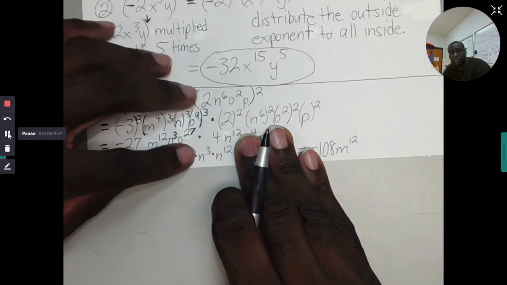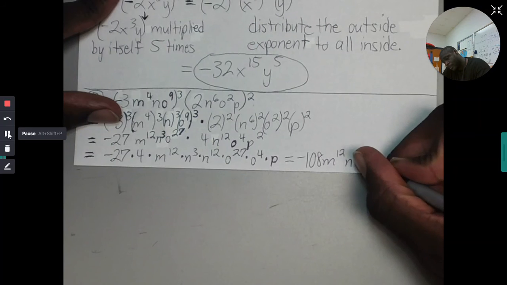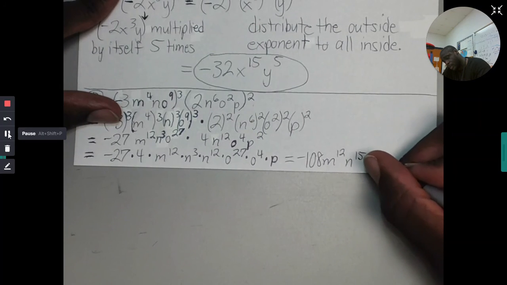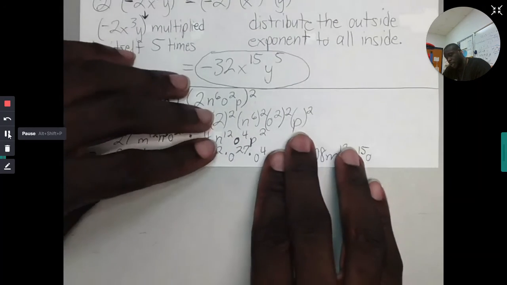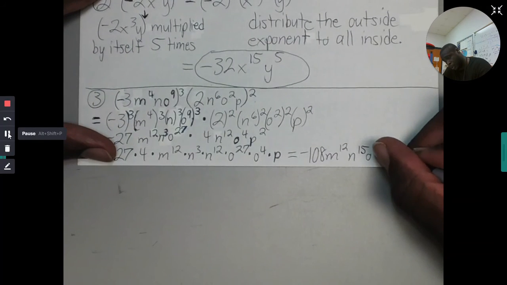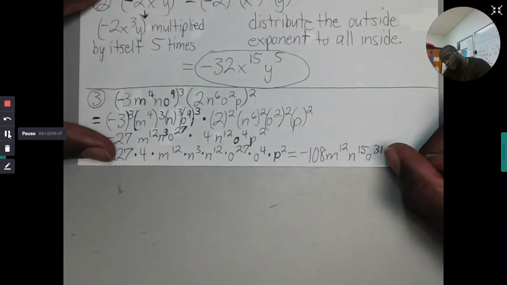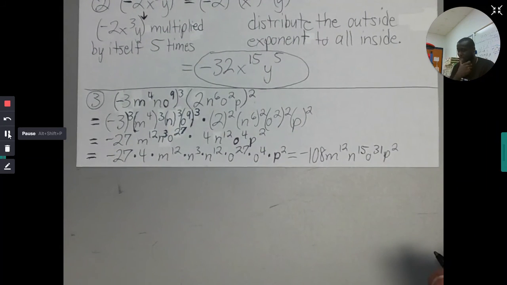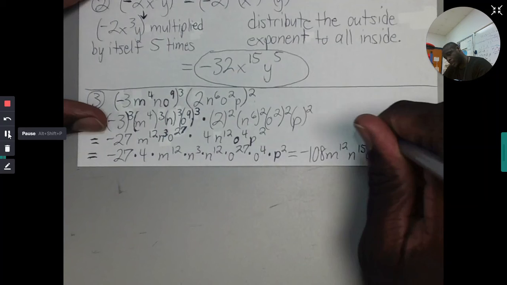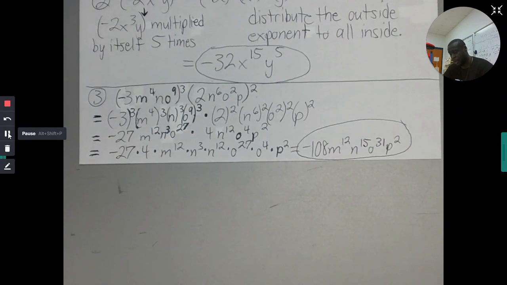There's a total of 15 n's there. For the O's, putting together the 27 and the 4, there's a total of 31 O's. And then P squared is the thing that's left here. And so this would be how this would wind up looking.